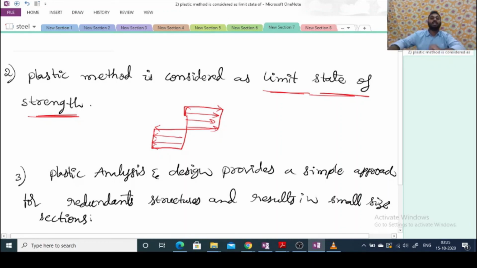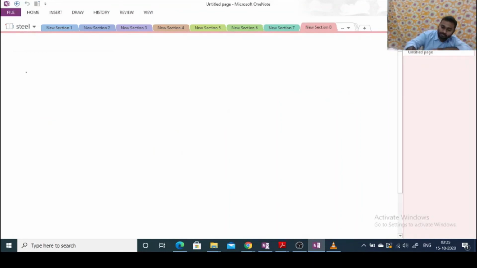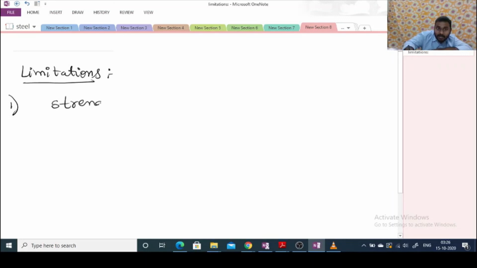Now let us see the limitations of this method. The first and major limitation is that strength criteria is only considered. As the name itself says, the other name of this plastic method is limit state of strength.